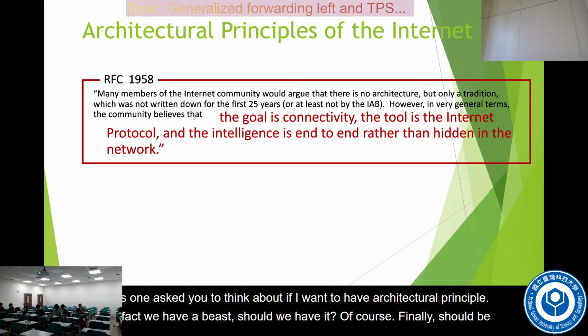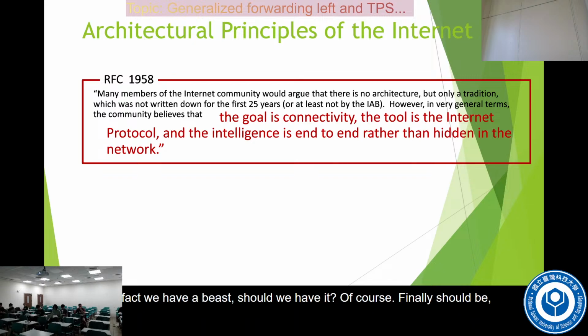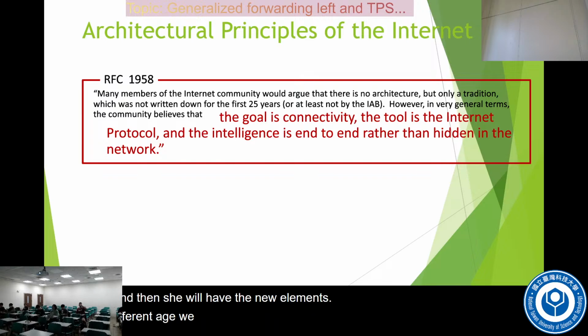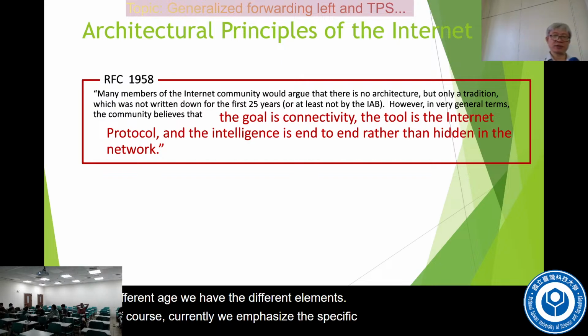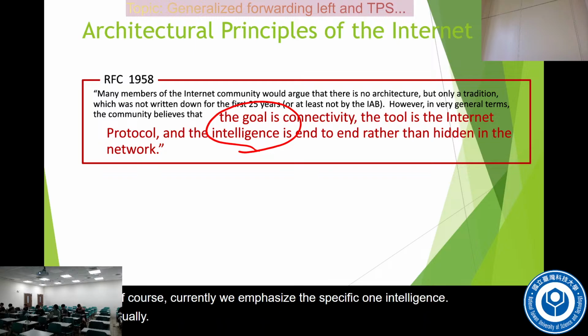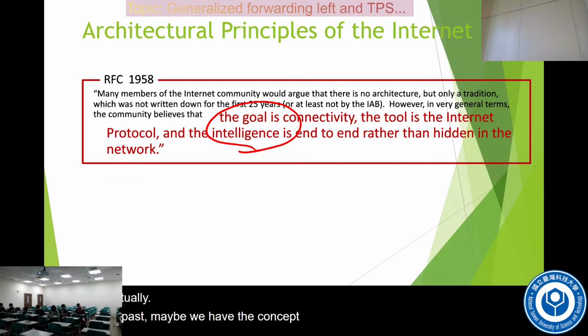But yes, and then should we have the new elements? For different ages, we have different elements. And of course, currently, we emphasize a specific one, intelligence. So actually, in the past, maybe the concept was, oh, it's useful, so we want to provide it.